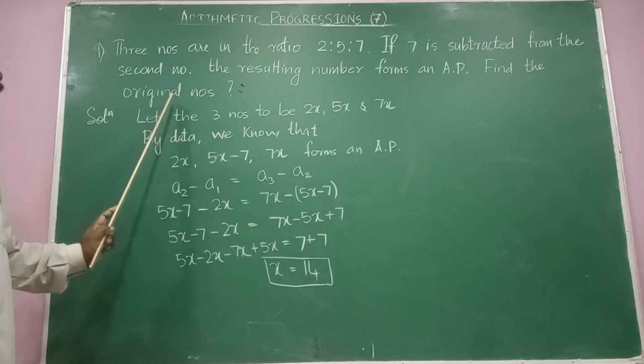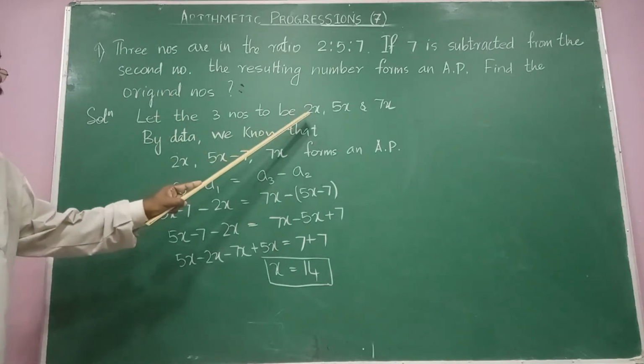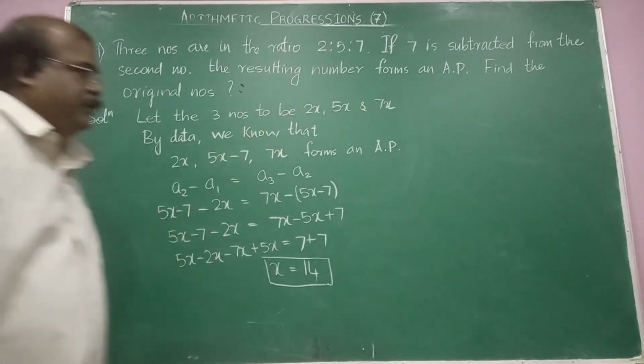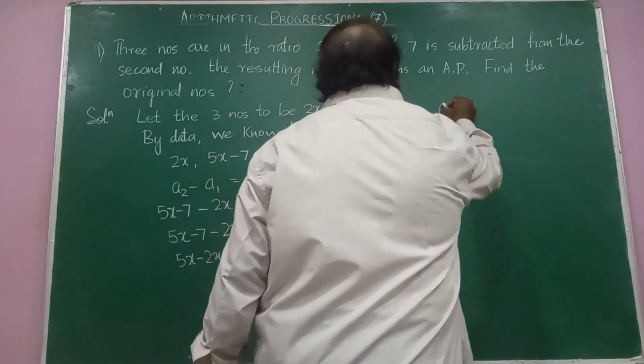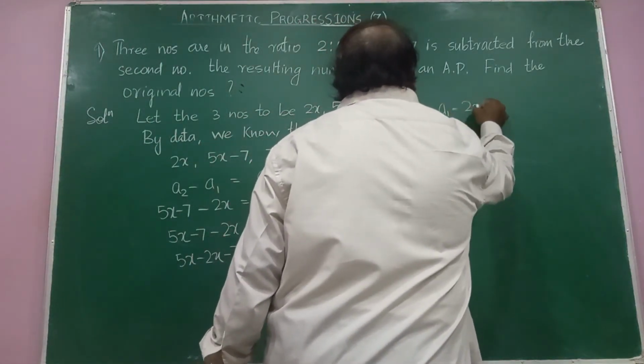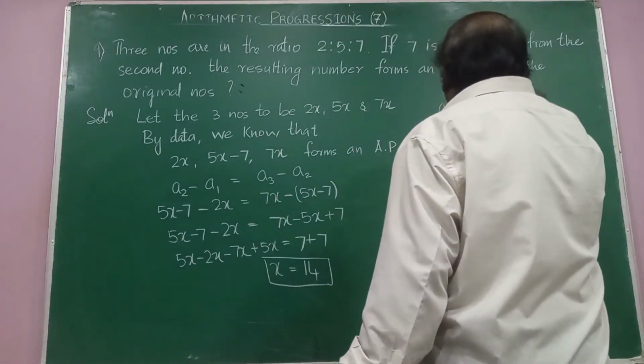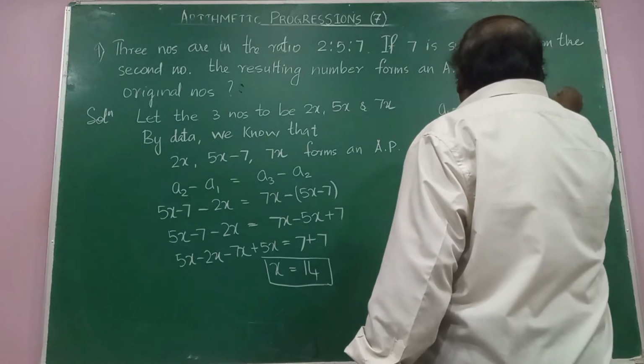I asked you to find the original numbers. Which is your original number? 2x, 5x and 7x. So my first term is 2x, that is 2 into 14, 28.